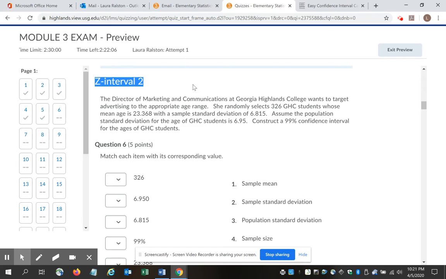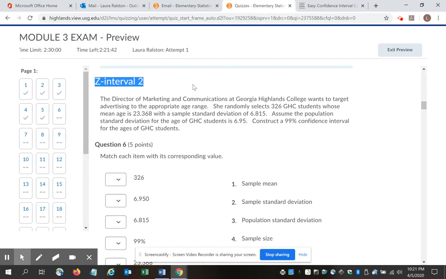It reads, the director of marketing and communications at Georgia Highlands College wants to target advertising to the appropriate age range. She randomly selects 326 GHC students whose mean age is 23.368 with a sample standard deviation of 6.815.